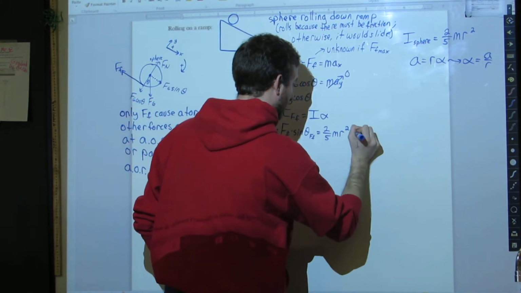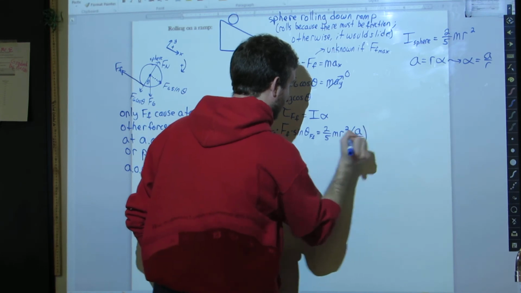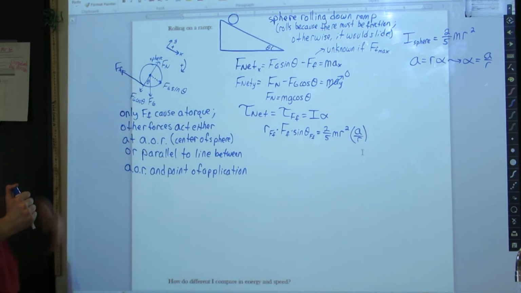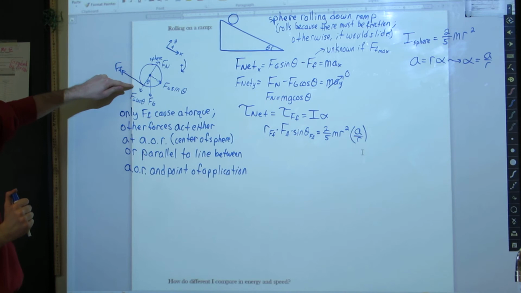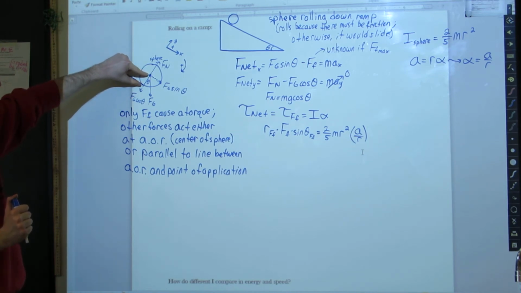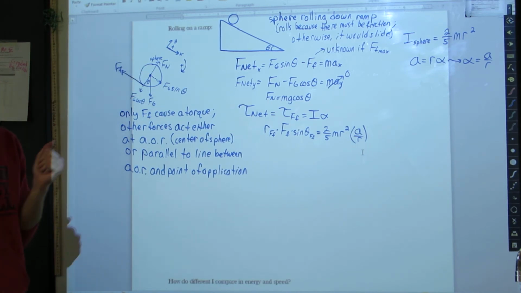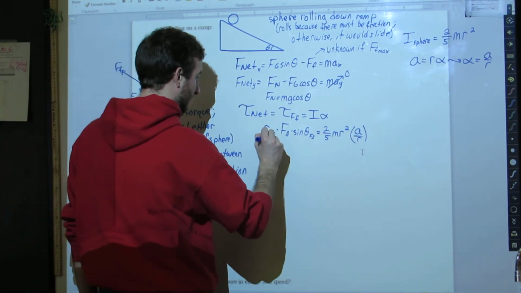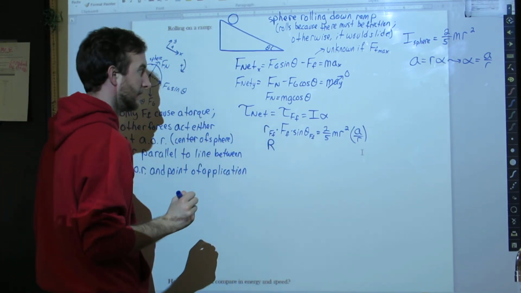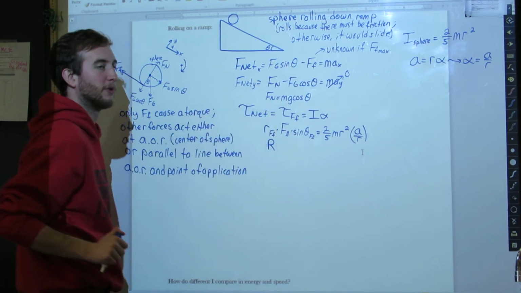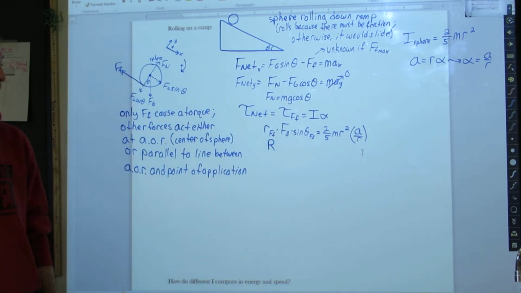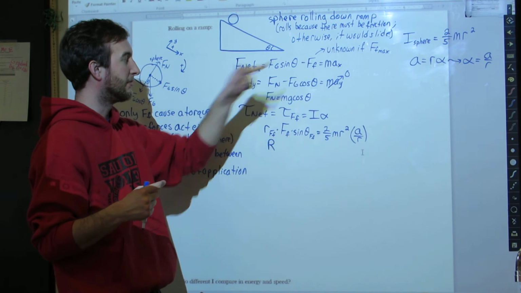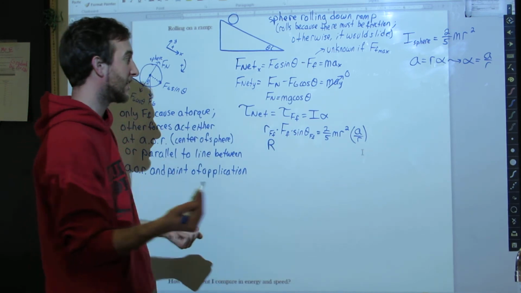Okay. We look back at our free body diagram. The force of friction acts one radius, the radius of the sphere, away from the axis of rotation. That's r. Uh-oh, we don't know what the force of friction is. We can't say mu Fn because we don't know if this is the maximum force of friction. Thankfully, we could say something else.